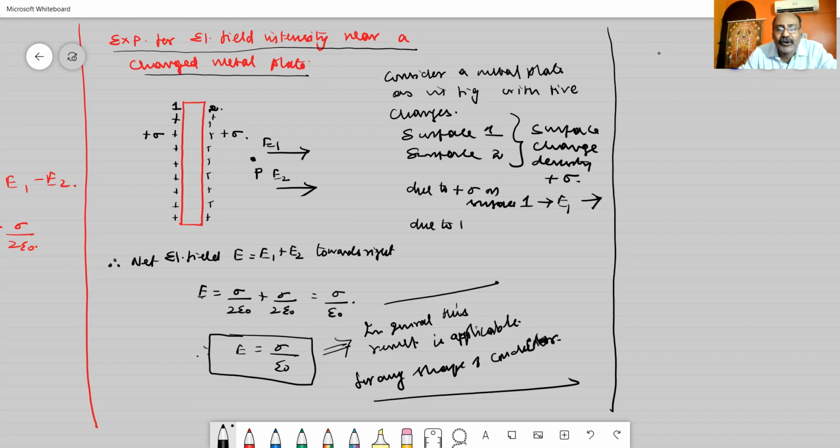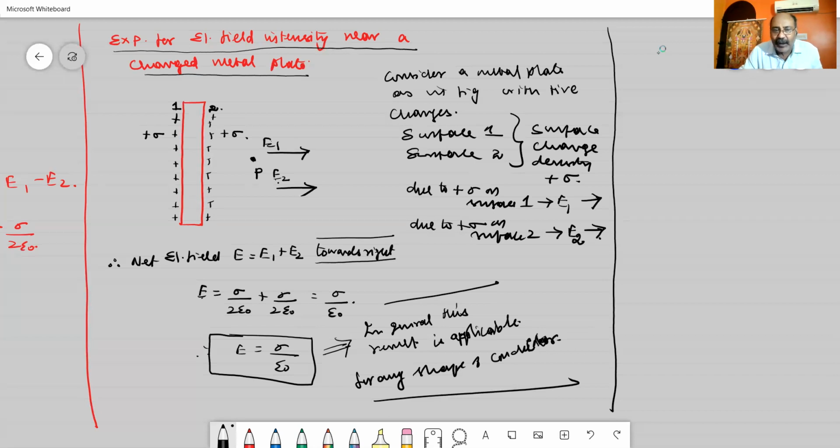Similarly, due to plus sigma on surface 2, the electrical field, we can consider it as E2, is also acting away. So the point P is experiencing two electrical fields and the two electrical fields are acting in the same direction, and so the net electrical field E equals E1 plus E2 towards the right.